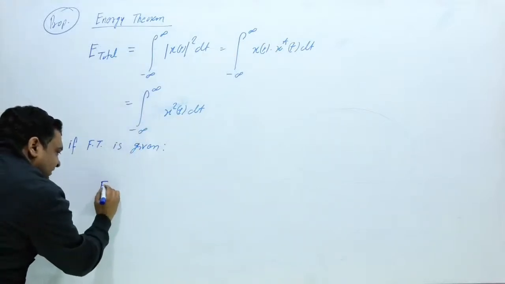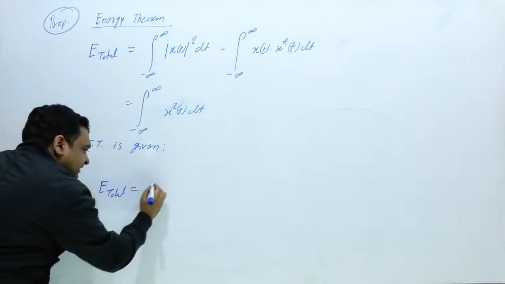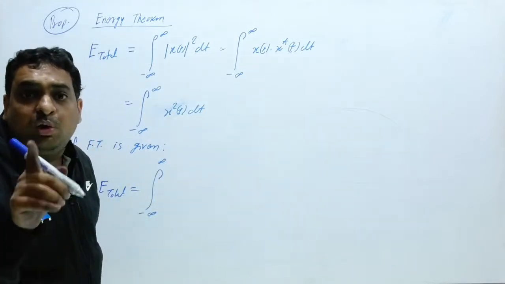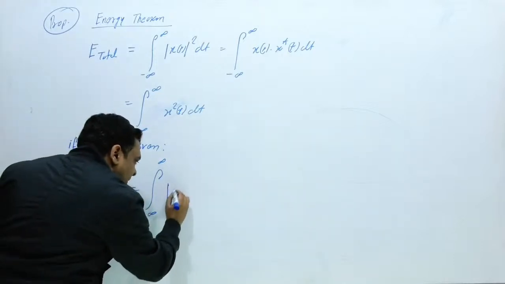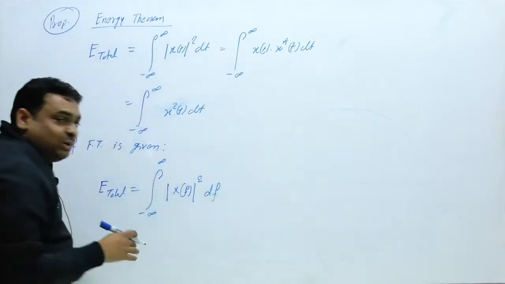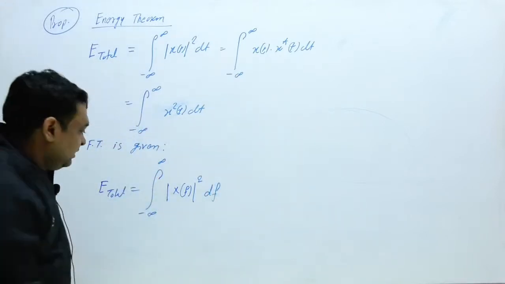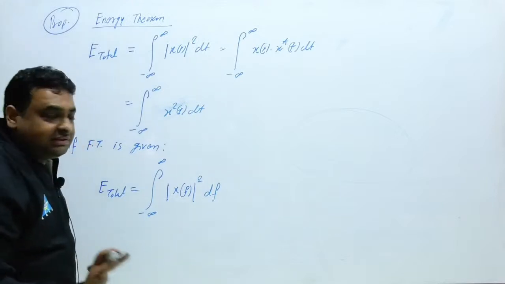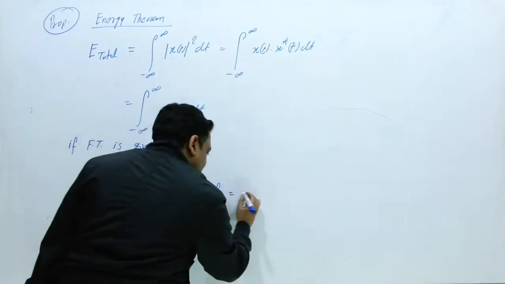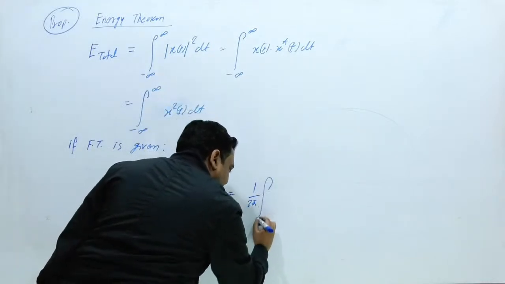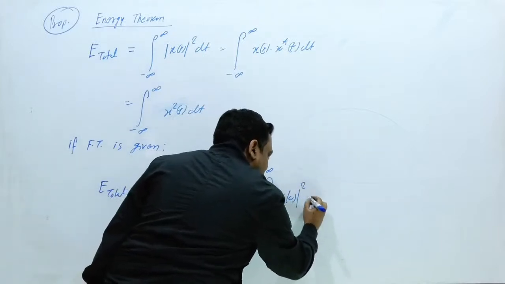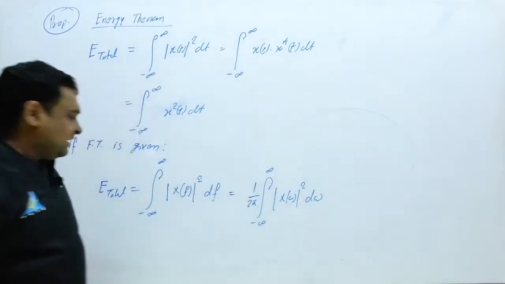What is the total energy? Total energy is the integration from minus infinity to infinity, and most of the time the Fourier transform is a complex quantity, so always use mod of X(f) whole square df. If omega is given, then 1 upon 2 pi integration from minus infinity to infinity of X(omega) whole square d omega.